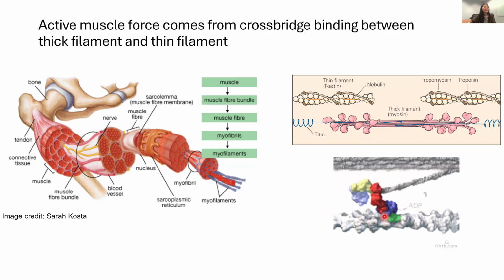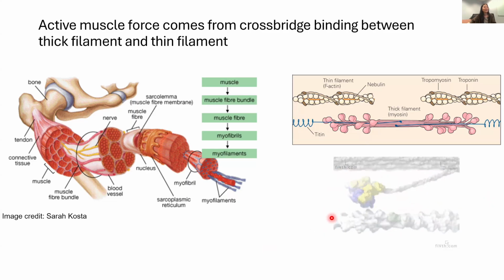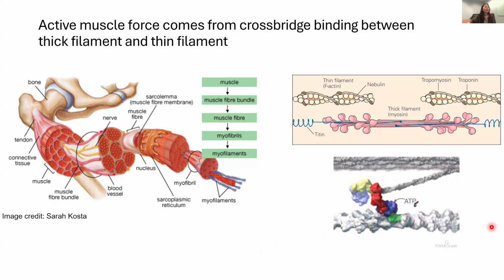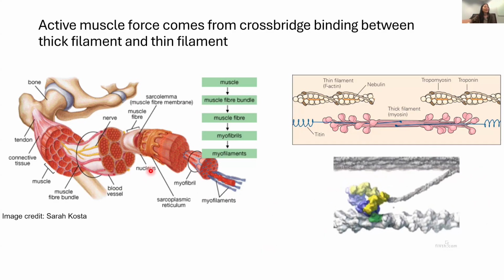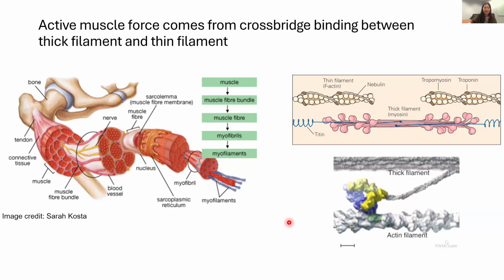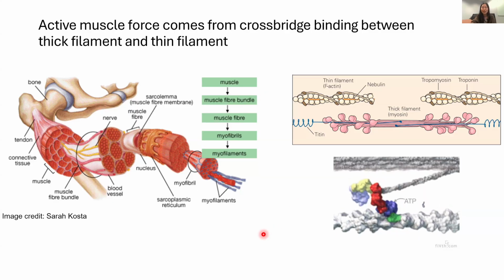Because the cross-bridges cycle like this and pull those filaments relative to each other, the muscle produces active force. There are also some passive elements around those myofilaments that contribute to the overall force of the muscle, but those are passive forces. So active force comes from the cross-bridges and passive force comes from other elements. And we can model that using a series elastic element or parallel elastic element on top of the cross-bridge mechanics.